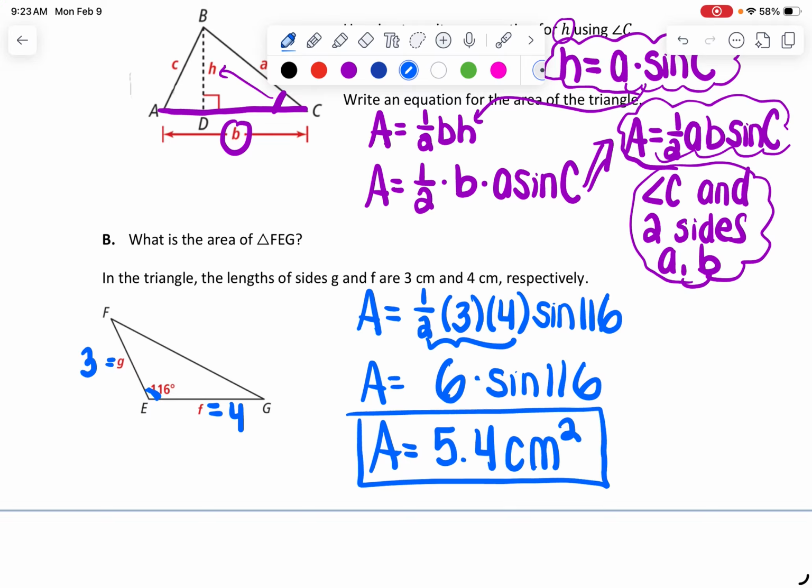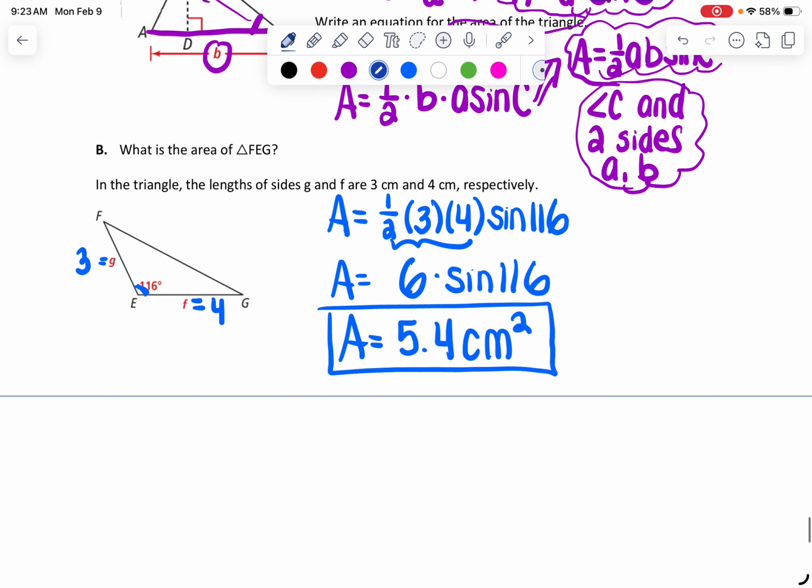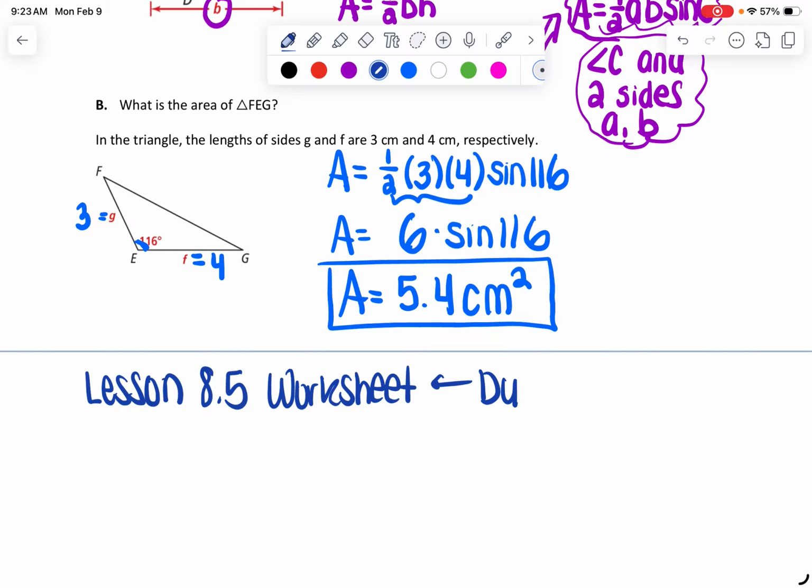Okay. So that's pretty much it for this lesson. So basically setting up problems using trig. For your homework, that's going to be the worksheet I handed out. It's the lesson 8.5 worksheet. I'm going to check it in on Tuesday.